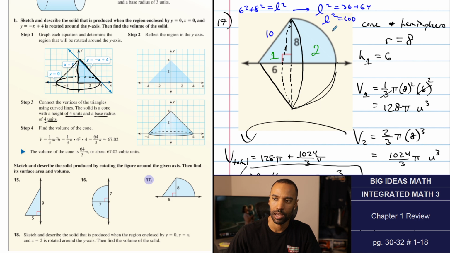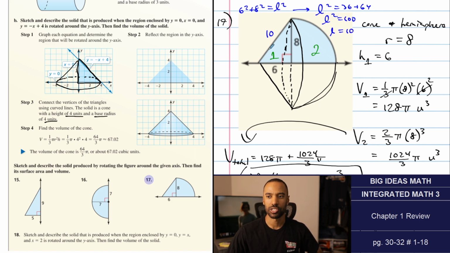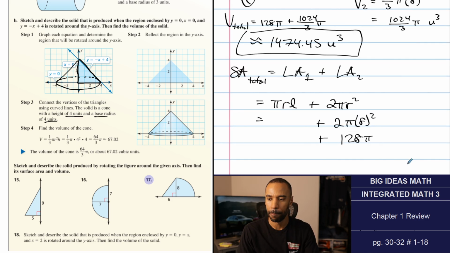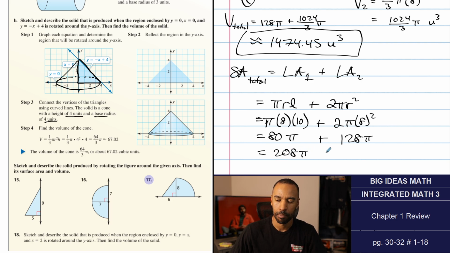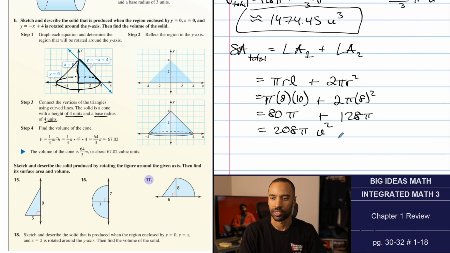L squared equals 100. L equals 10. So the slant height, that L is going to be 10. So we do pi R, sorry if I went fast on that. My 3, 4, 5 triangles is something that you want to really be attuned to these days. Pi times 8 times 10, that's 80 pi. So 80 pi plus 128 pi gives us 208 pi square units.